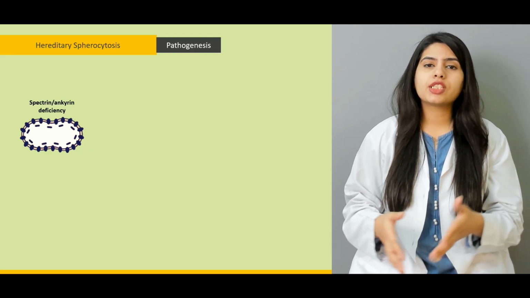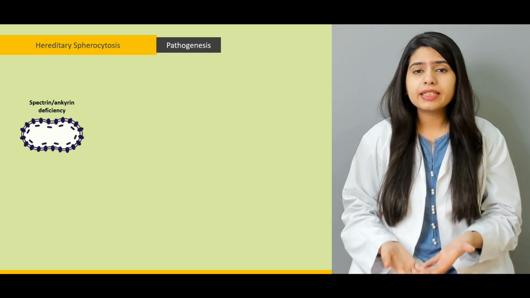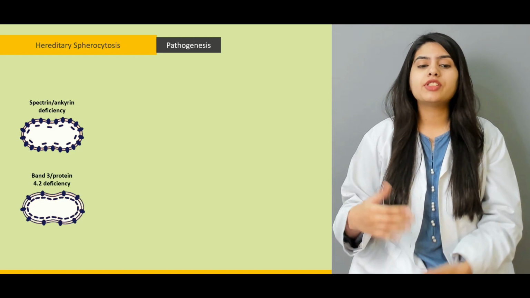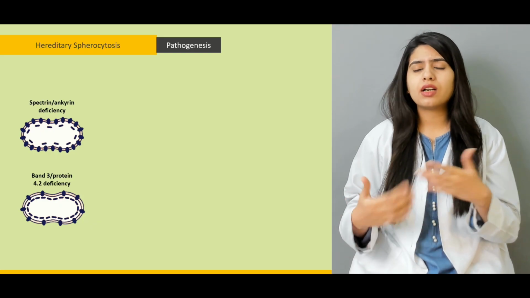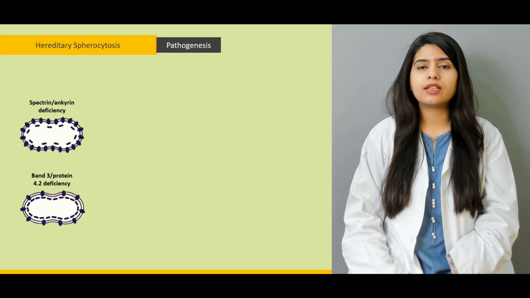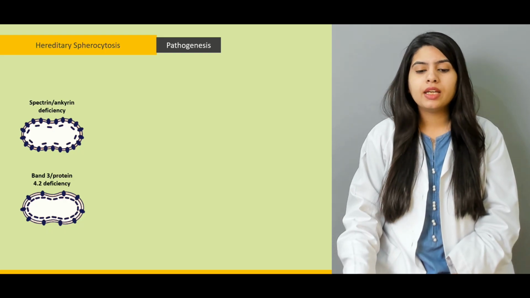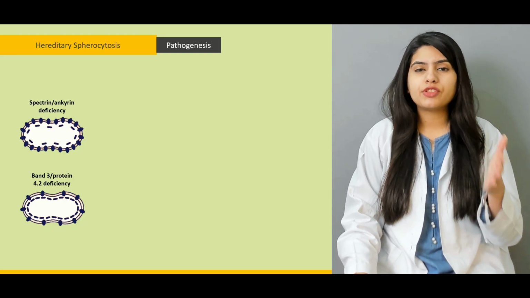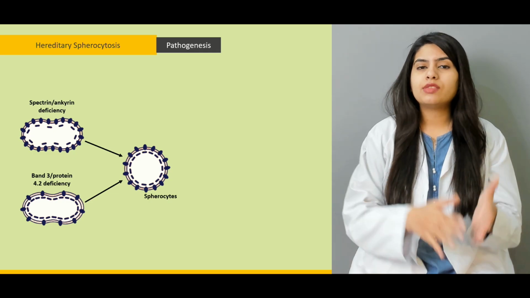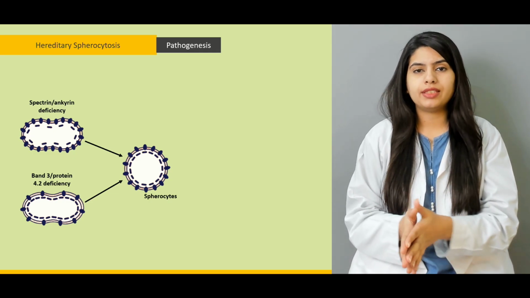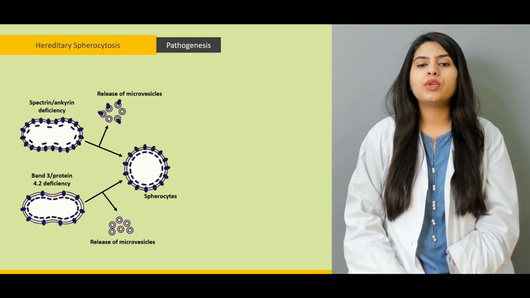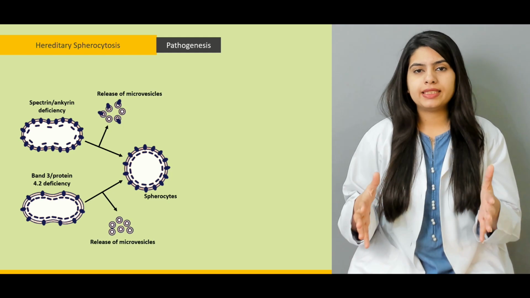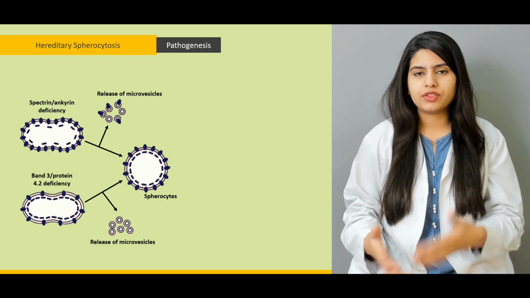There may be a deficiency of spectrin and ankyrin, or a deficiency in band 3 or protein 4.2. These are all part of the cytoskeleton of the red blood cell membrane. Whenever there is a deficiency of these proteins, it leads to the production of spherocytes, which are abnormally shaped red blood cells, and also to the release of microvesicles.